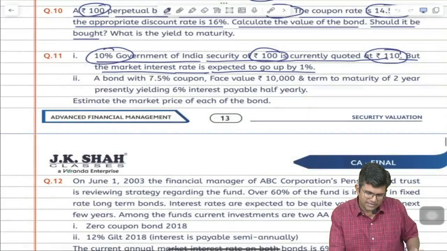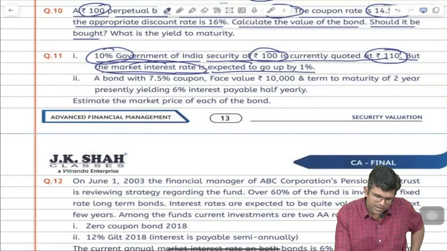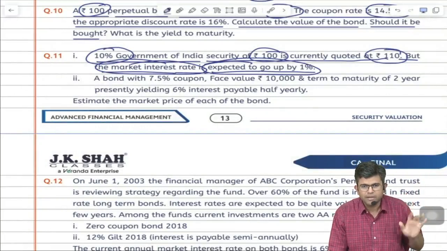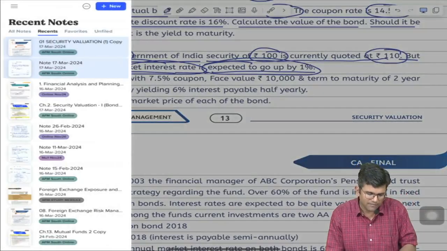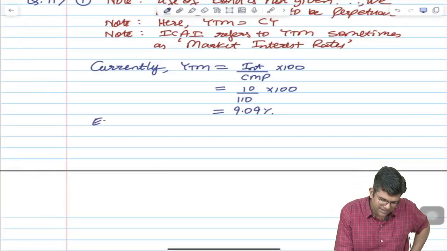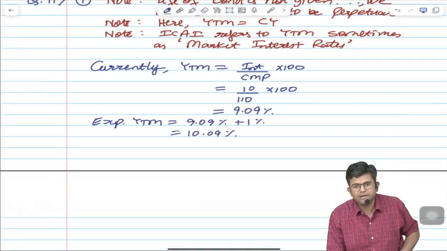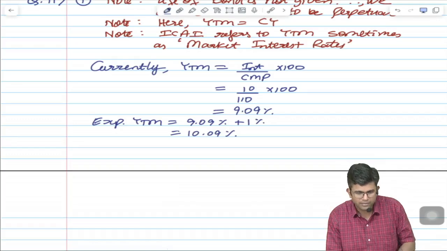Now what are they saying? They are saying that this YTM is expected to go up by 1%. If it is expected to go up by 1%, can I say expected YTM will be 9.09% plus 1%, that is 10.09%. Everyone clear? The YTM has changed to 10.09.